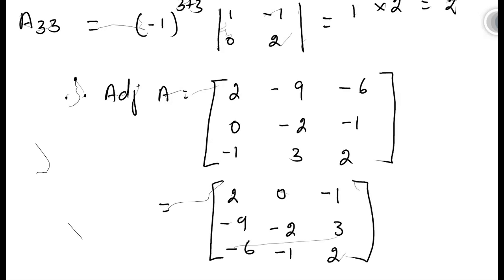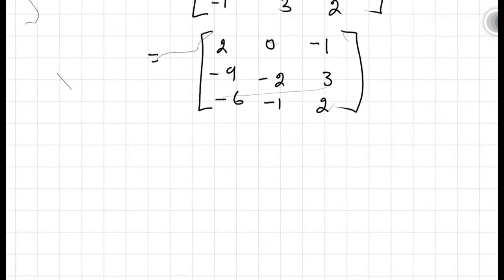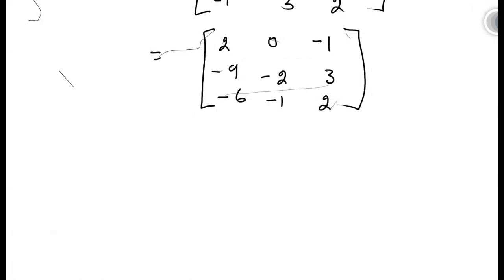Now, we know that A inverse is equal to 1 by determinant of A times the adjoint of A. So, A inverse is equal to adjoint of A divided by the determinant of A. We have already found the determinant of A to be minus 1.